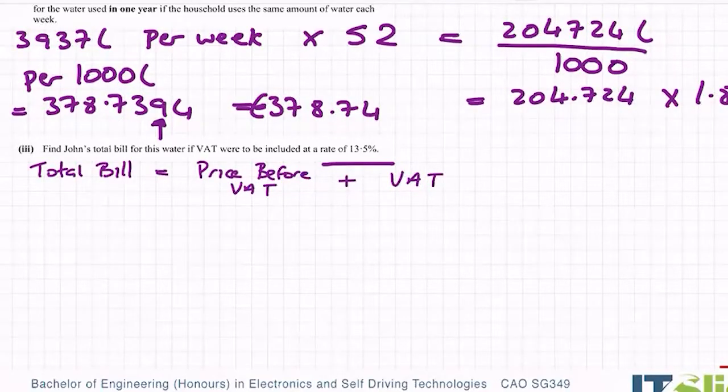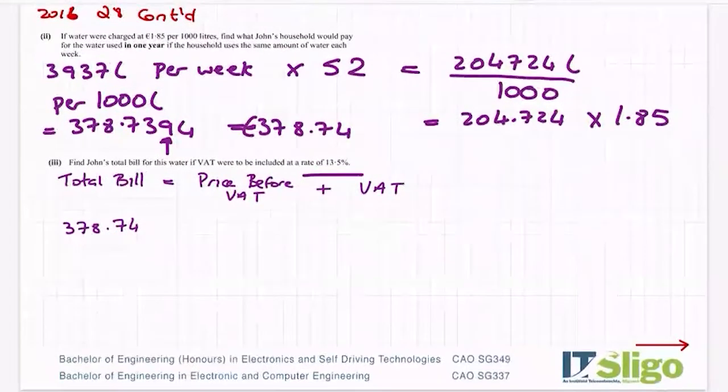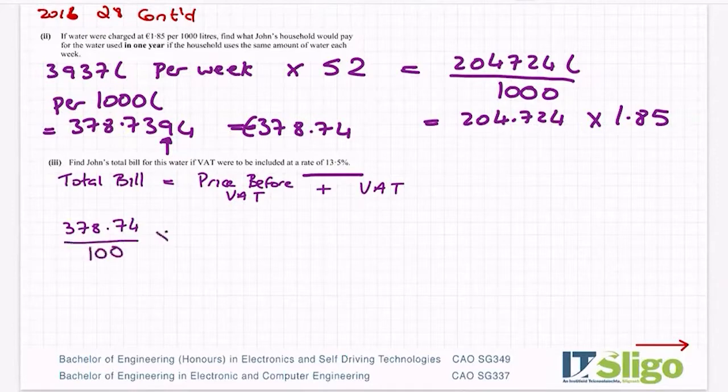So your VAT then, you have to take your price before VAT, which was 378.74, and we have to get 13.5% of it. Okay, so there's a couple of ways of getting the percentage of a number. You can divide by 100 and multiply by the percentage that you want.